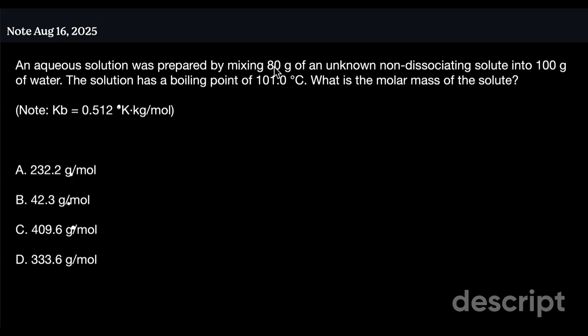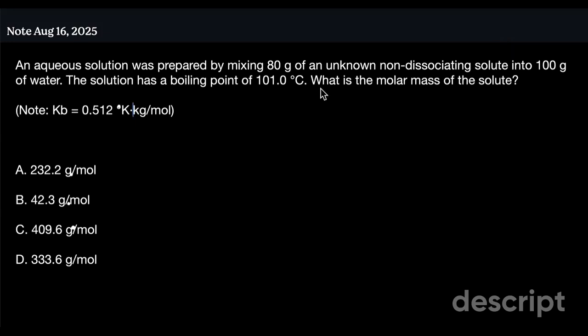So how many different types of units do we have? We have mass units and we have temperature units. So it's easy, right? First of all, let's start with mass units. We have 80 grams, 100 grams, and this also contains mass, right? Kgs. So there are only a few ways these three numbers could interact with each other, but it's easy to just eliminate them because think about it.